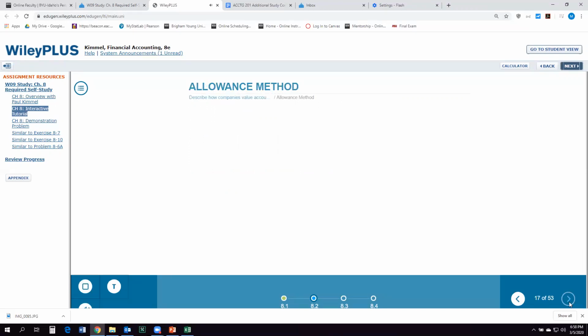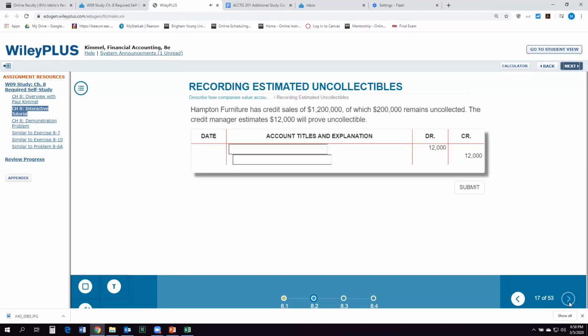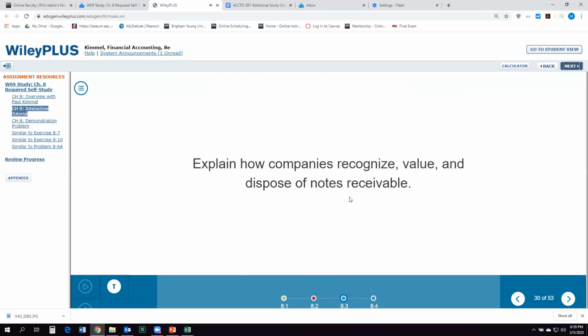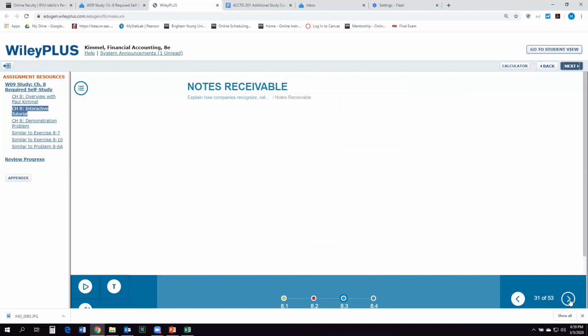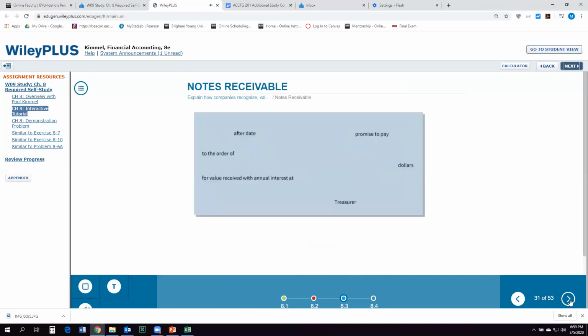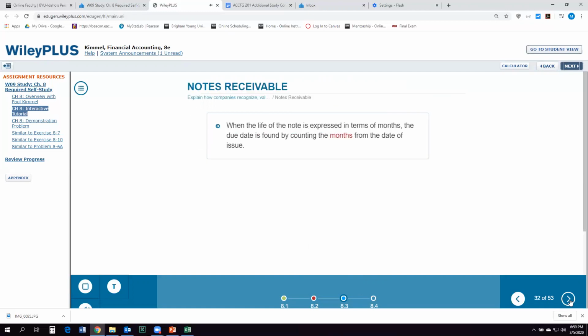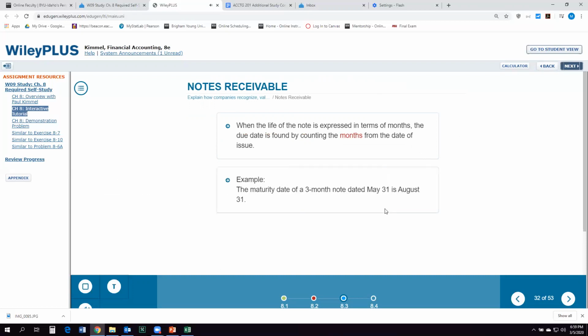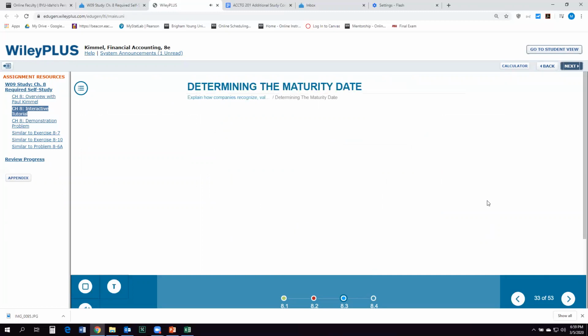Computing interest on a note. That's disposing of notes. Oh, it might be this section. By counting the months from the date of issue. Yeah, it says month.